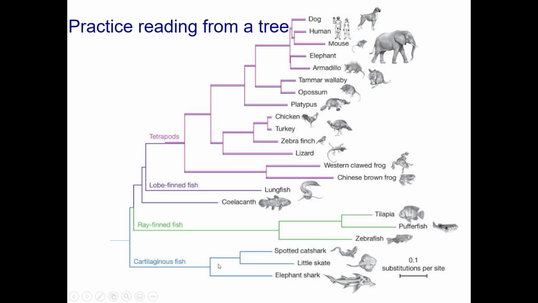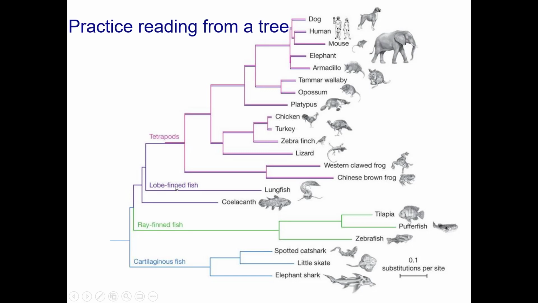But what you can see is the root is here. And so the common ancestor of all of these animals would be here, and then it diverges into these different groups.